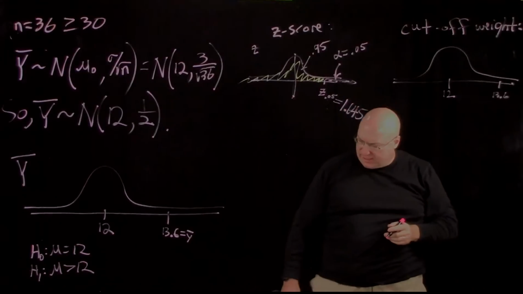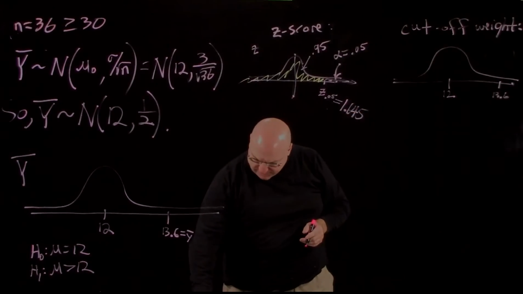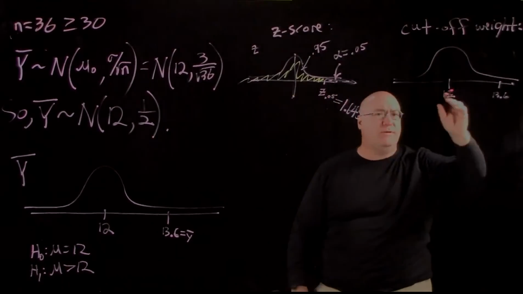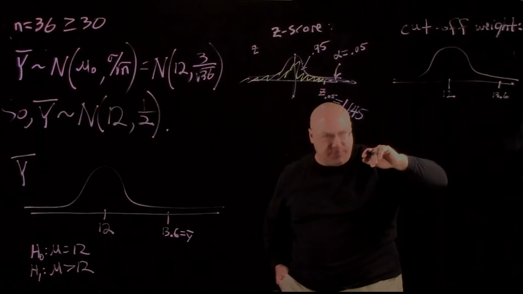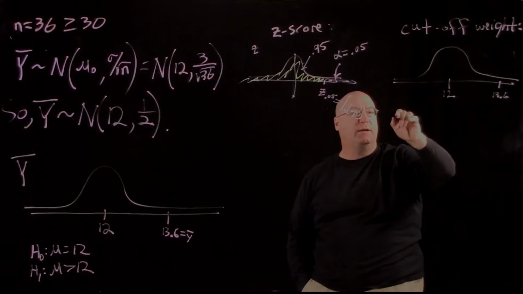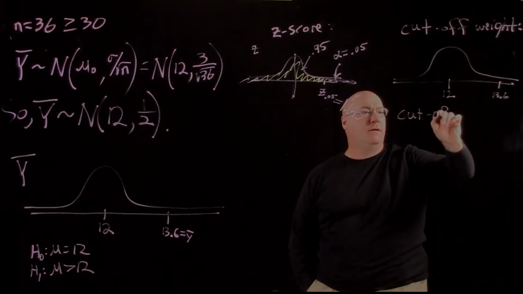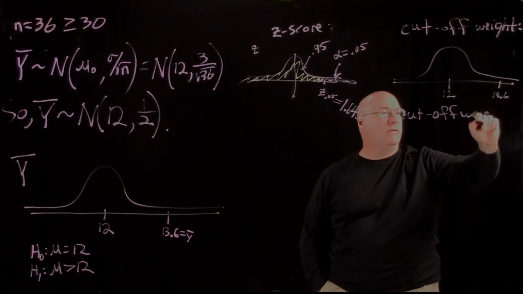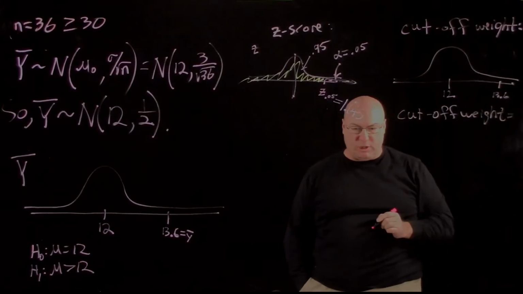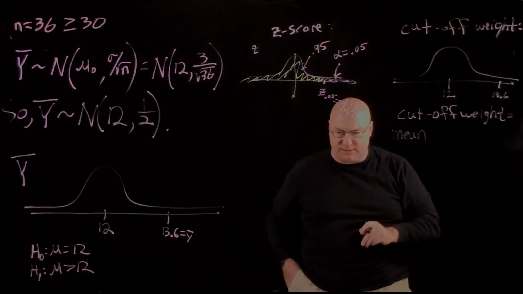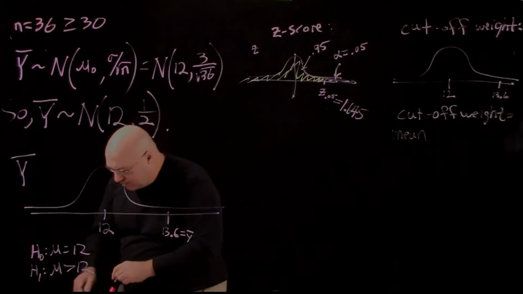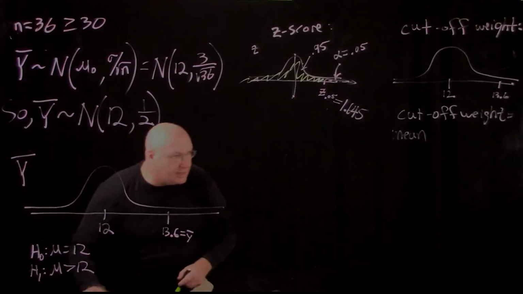Now, how do you get it? I don't write it there, but I want to write it out for you here, and that is, we've done this before. I say to get the cutoff weight, I hope you remember what you do is you do the mean, and I'm going to have to change my marker color here because it's kind of dying on me.